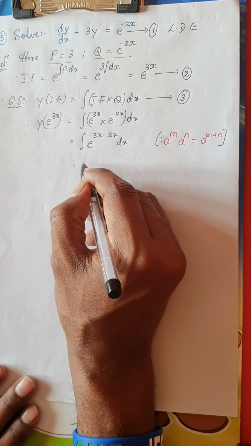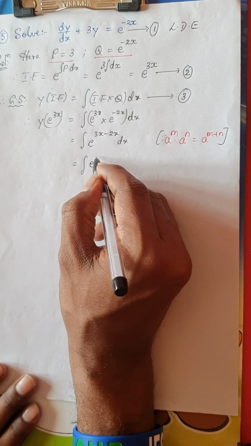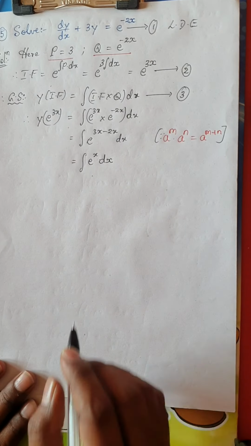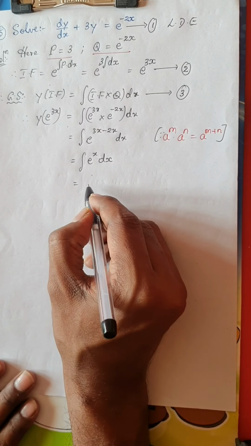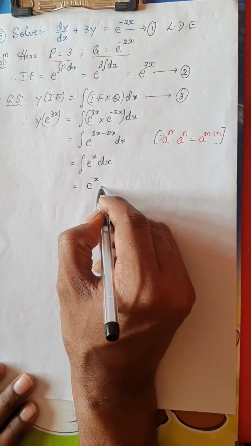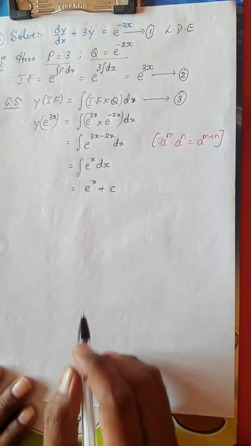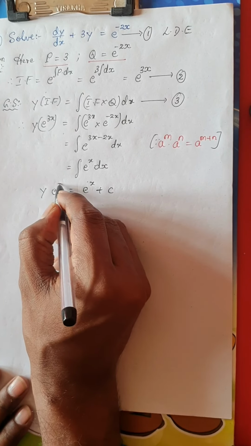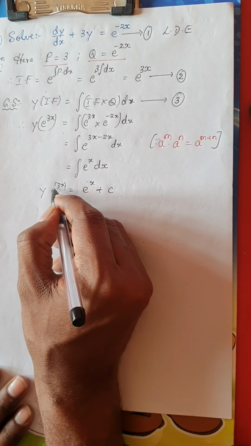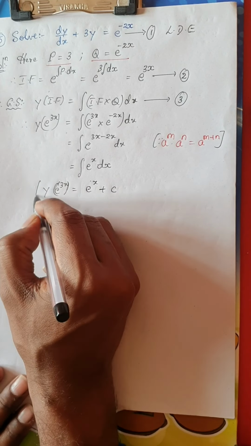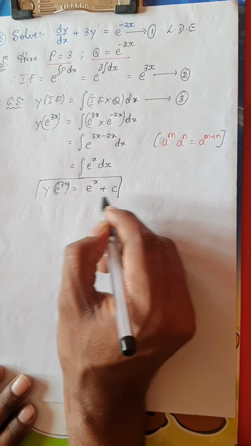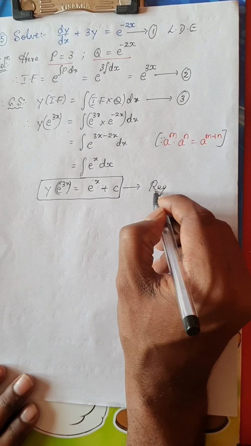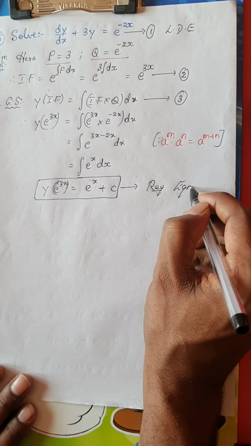So this becomes the integral of e power x dx. We know that the integral of e power x is e power x itself plus c, which is the constant of integration, and the left hand side is y into e power 3x. So frame this and write this as the required equation.